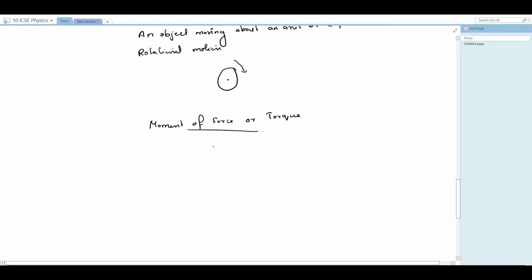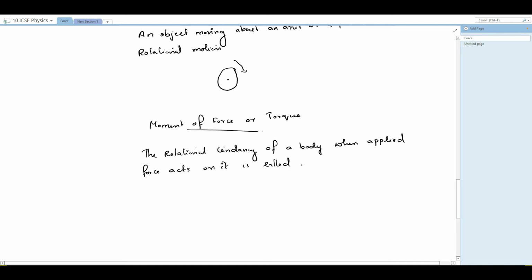I will write it first. The rotational tendency of an object or of a body when an applied force acts on it is called moment of force.